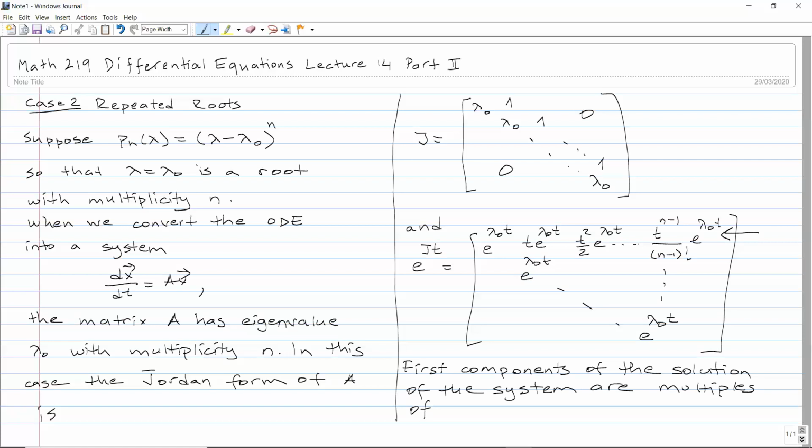And in the first row, we have n independent functions, and in each component, we are going to have one of those functions.